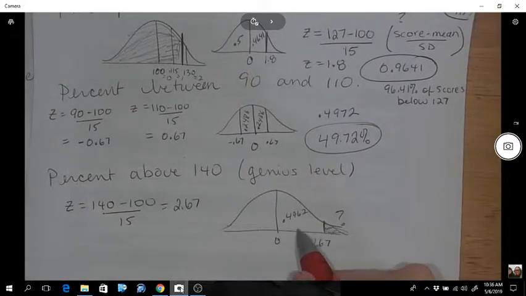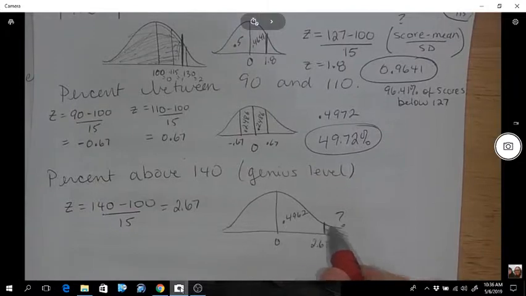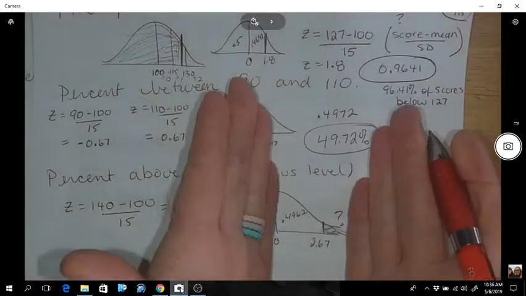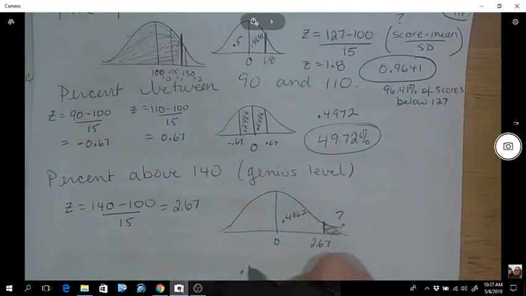Okay, so 0.4962 is this area in here, but that's not my answer. I want this little portion. So in this piece, I have 0.5, so I'm going to subtract.